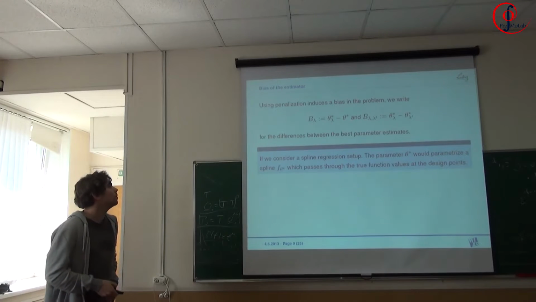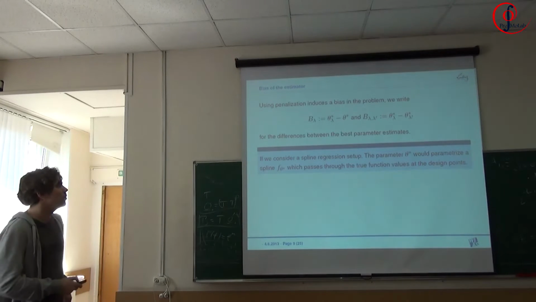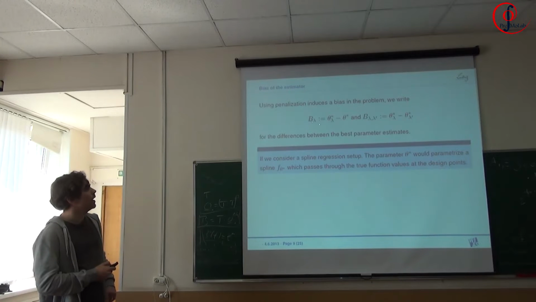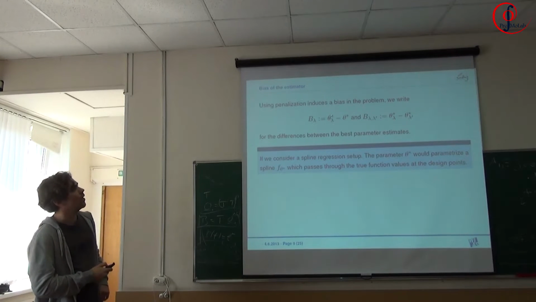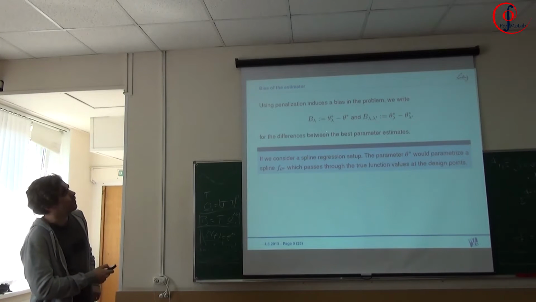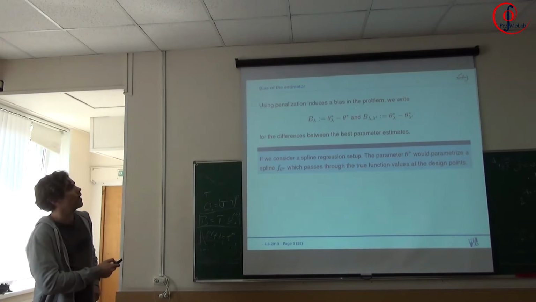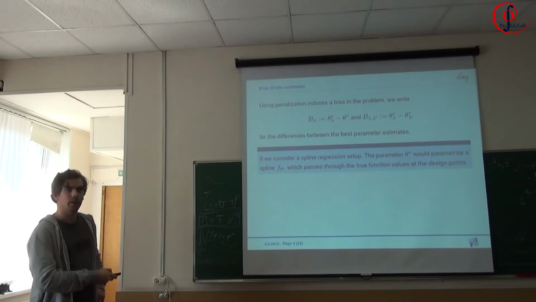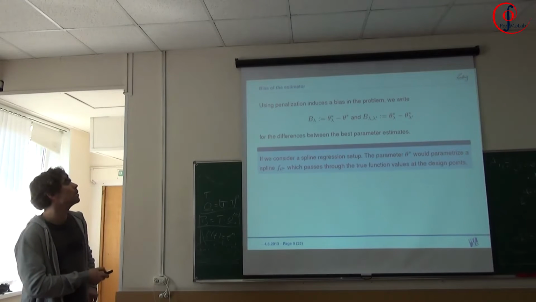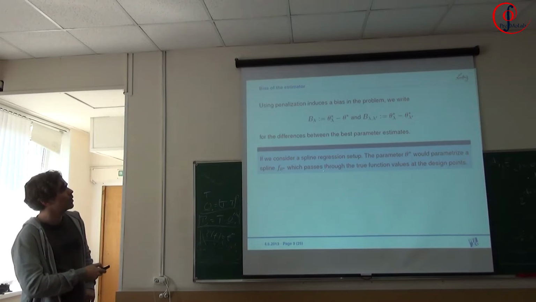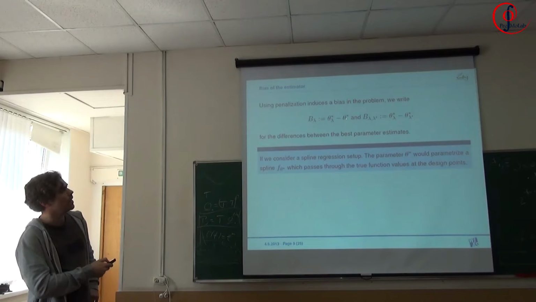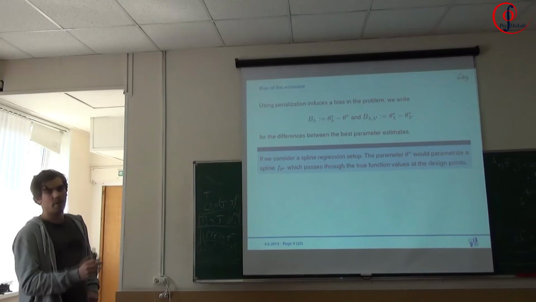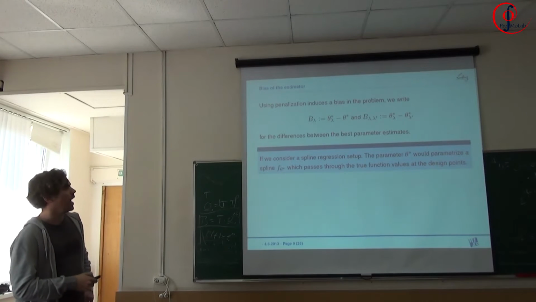So now we have to do model selection, so bias will come into play. We define b lambda as the bias, the difference between the theoretical estimate for a fixed lambda and our true parameter. In this spline example, theta star would be the oracle parameter without penalization, but on the n-dimensional space.